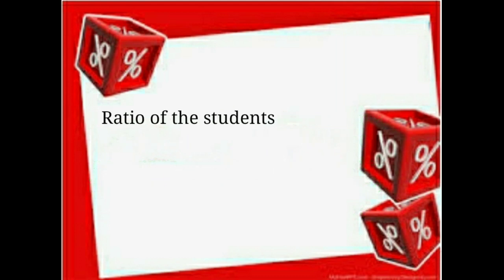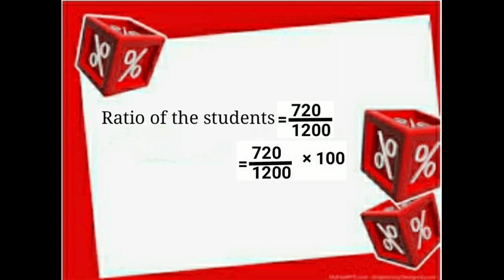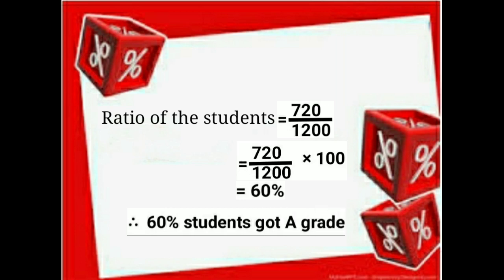So we'll begin the sum by writing down the ratio of the number of children awarded A grade to the total number of students in the school, which is 720 upon 1200, and then multiply the ratio 720 upon 1200 by 100, which gives us the answer 60. Therefore, 60% students got an A grade in the school.